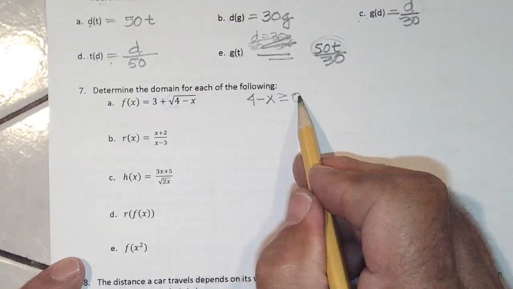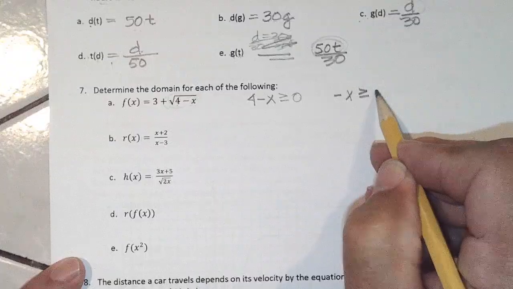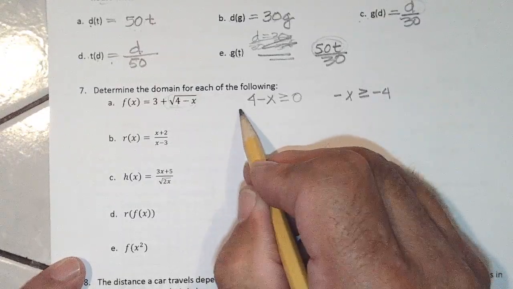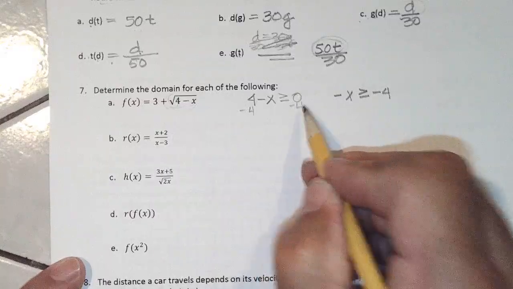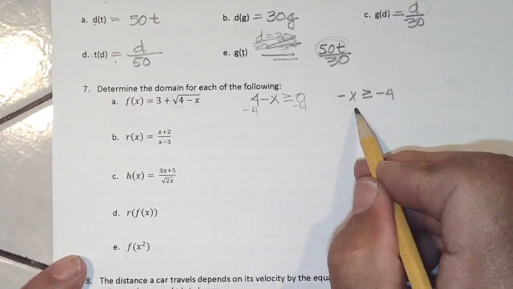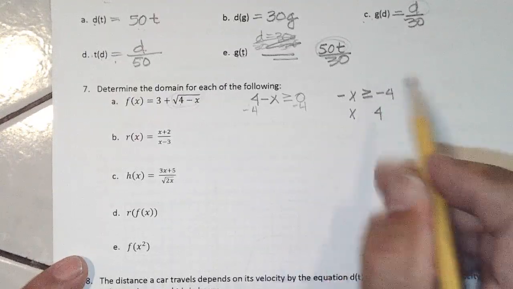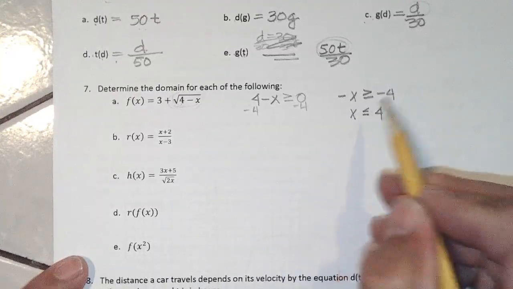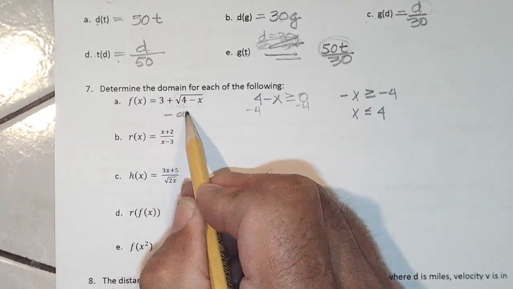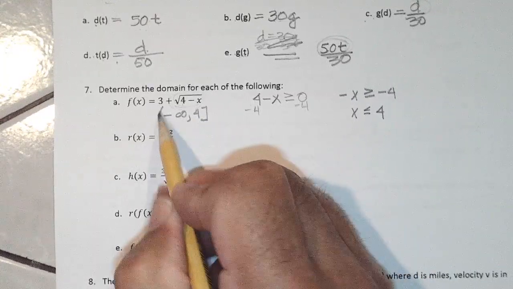So if I add x to both sides, I get x has to be less than or equal to 4. But multiplying by negative flips the sign, so the domain is from negative infinity up to 4, including 4.